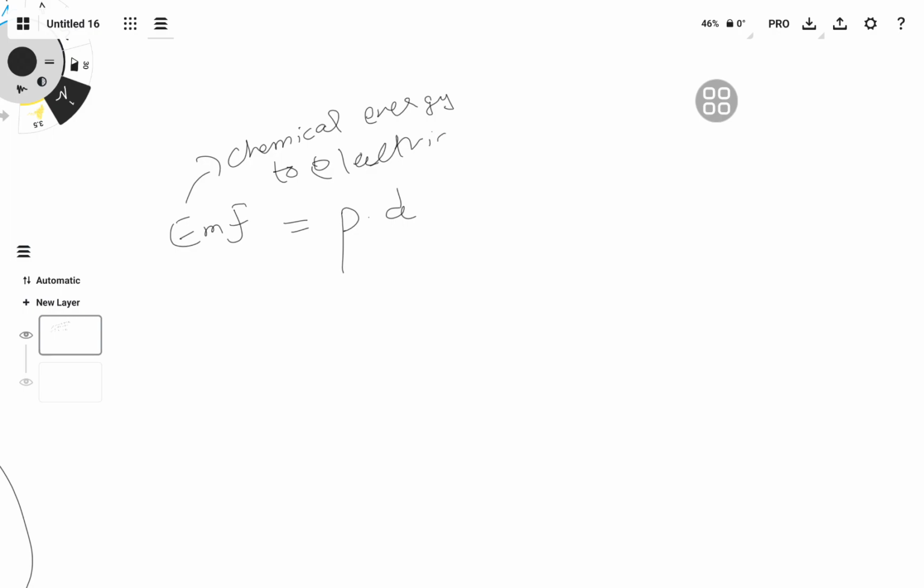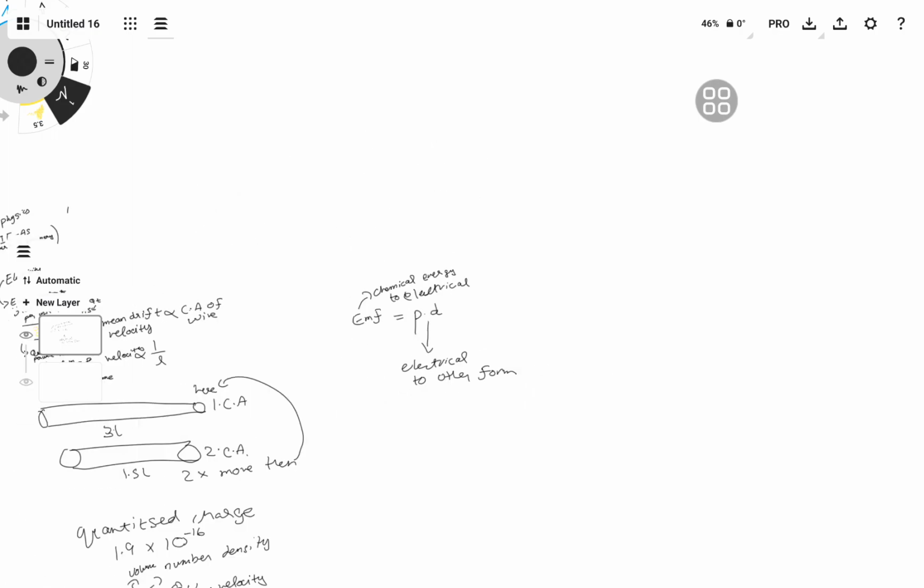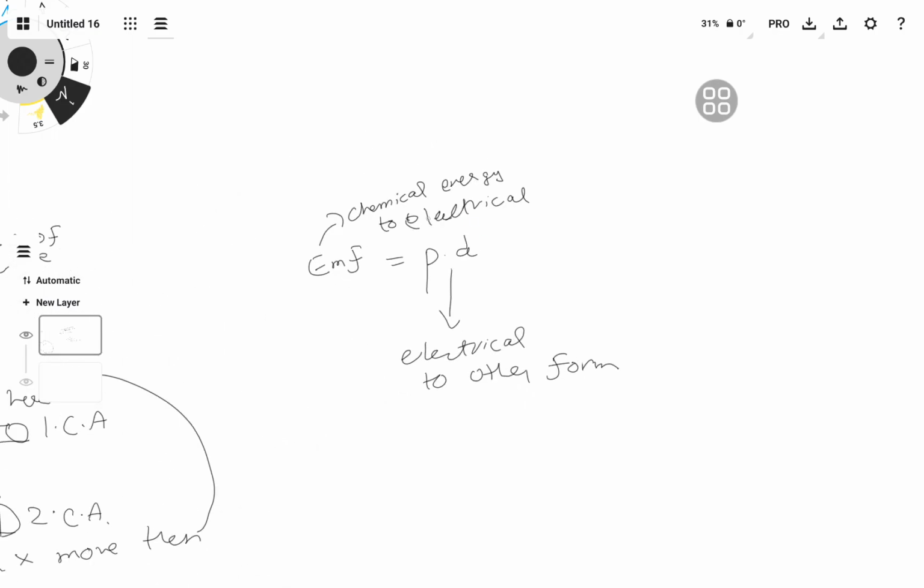So this PD is basically a phenomenon where, due to conservation of energy, the energy is transferred into other forms, such as heat energy and light energy, from electrical to other forms. Basically chemical energy to electrical is EMF, electrical to other forms is PD, and these are equal because of conservation of energy.